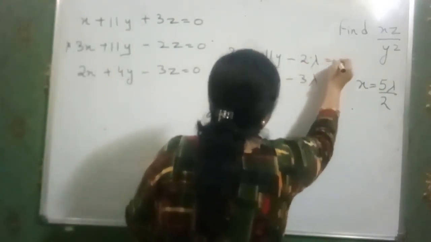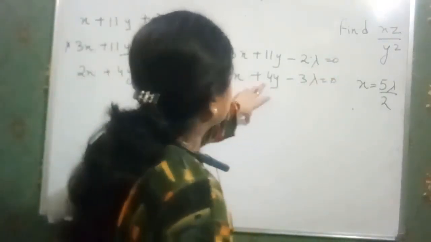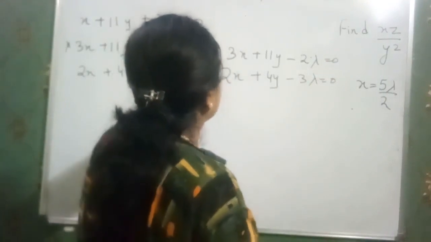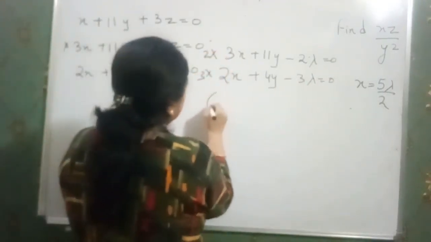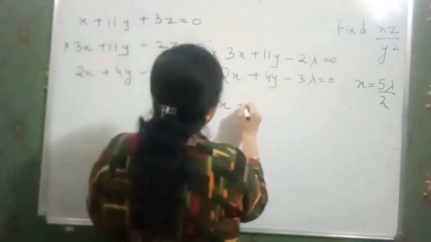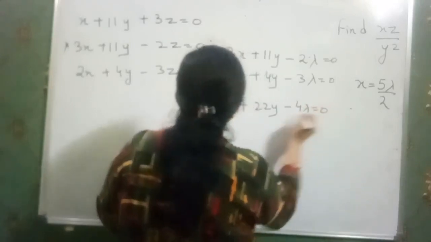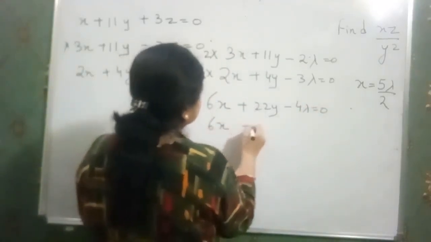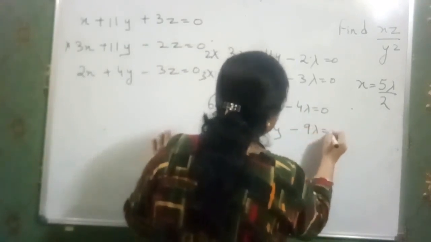Clear? Now, we got the value of x. So, in order to get the value of y, we have to multiply: multiply the first by 2 and the second by 3. So, we have 6x plus 22y minus 4 lambda is equal to 0. Here I have 6x plus 12y minus 9 lambda is equal to 0.